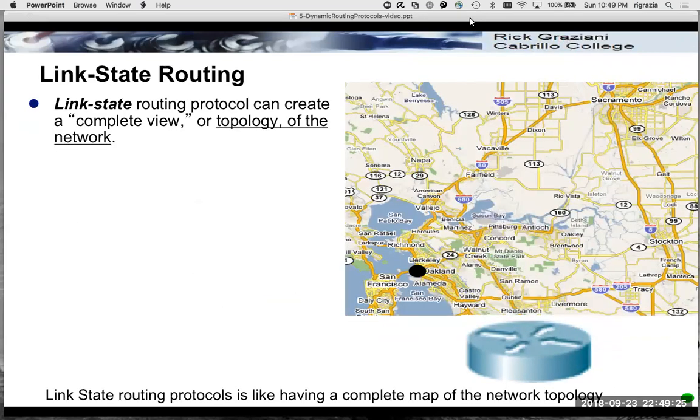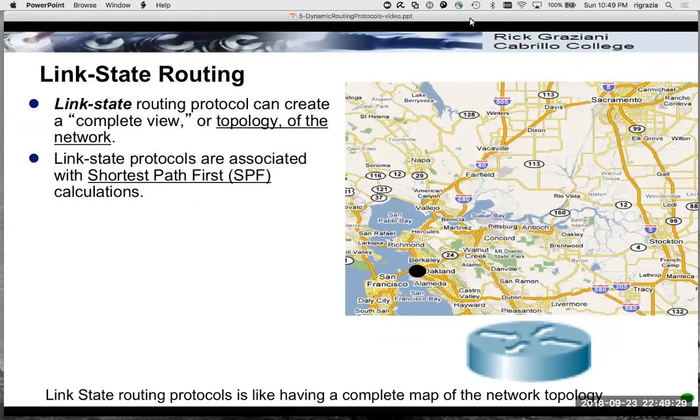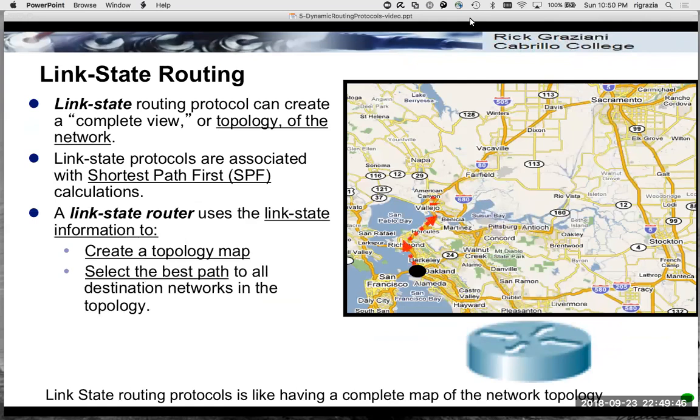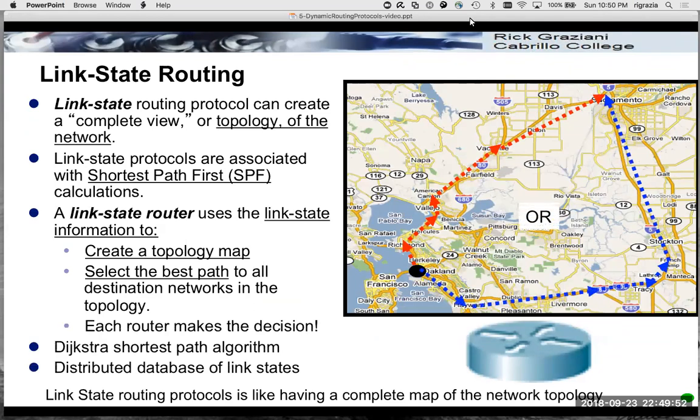All right, link state routing protocols, well, that's different. They do use some sort of map. They have a topology of the network. Okay, so link state routing protocols use link state information to create this topology map, so the routers can select the best path to reach a destination network.